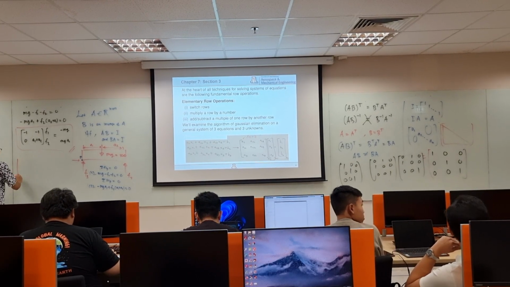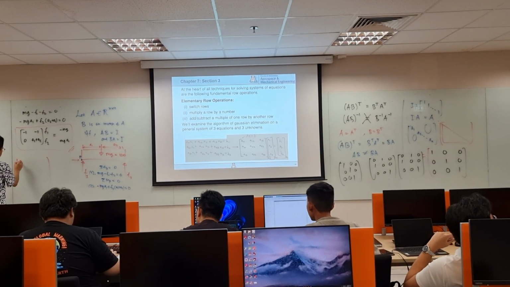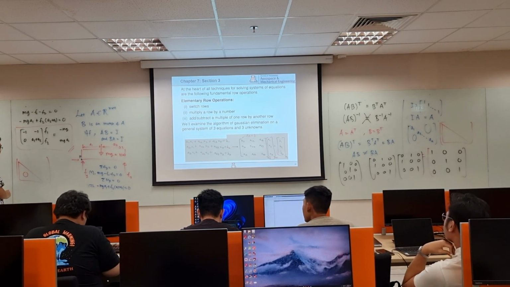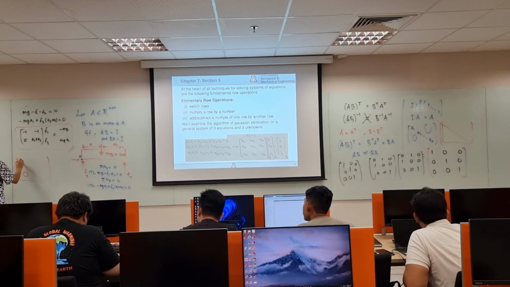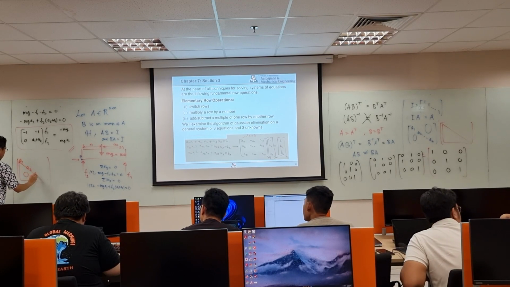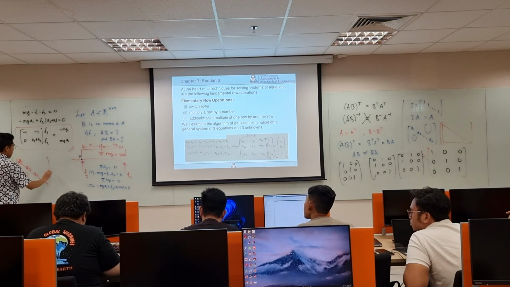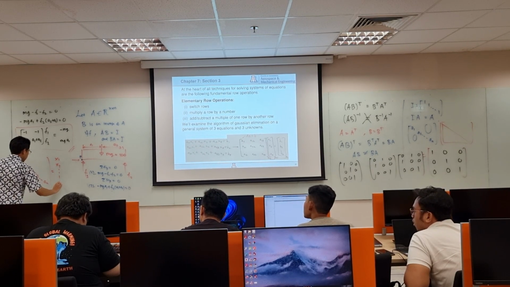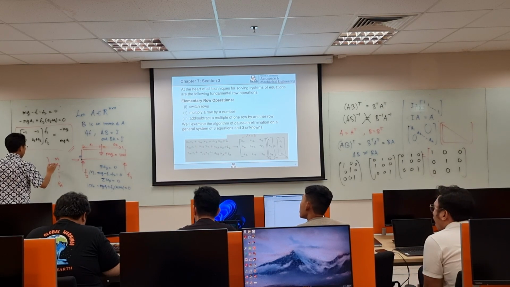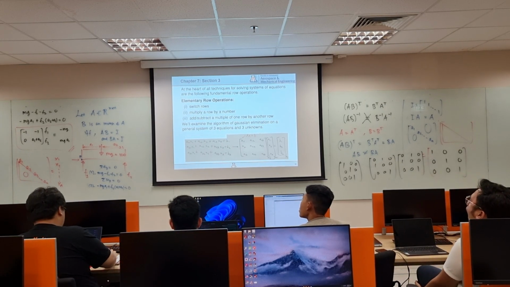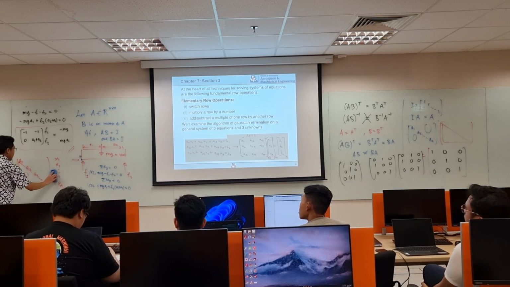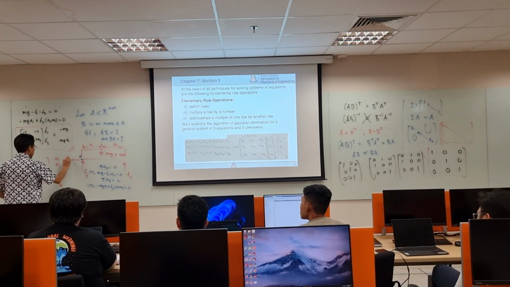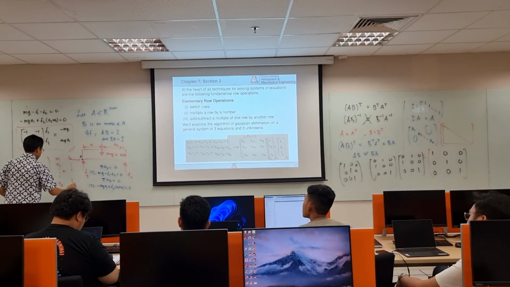So let's say you have this upper triangular matrix, all 0 below the diagonal, with a1, a2, a3, up to an, multiplied by x1 up to xn, and this is equal to b1 up to bn.